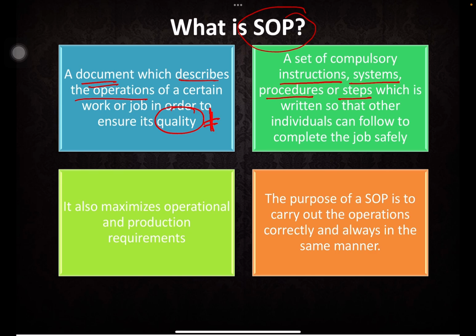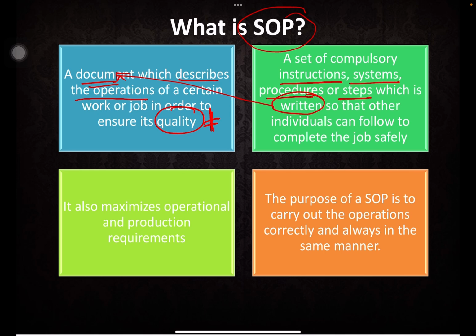which is written so that other individuals can follow to complete the job safely. As I have mentioned, it must be written, in the form of a document. SOP is not only for you who will be performing the job, but it is also suitable for other people who will be doing the same thing as what you are doing at that moment.